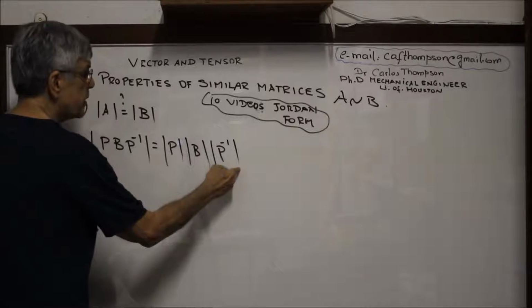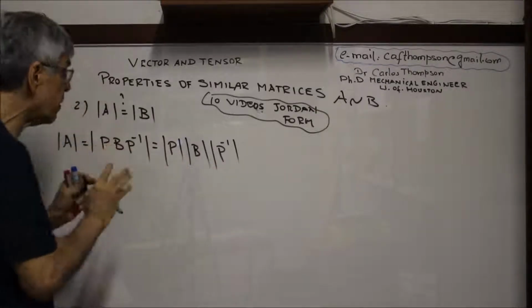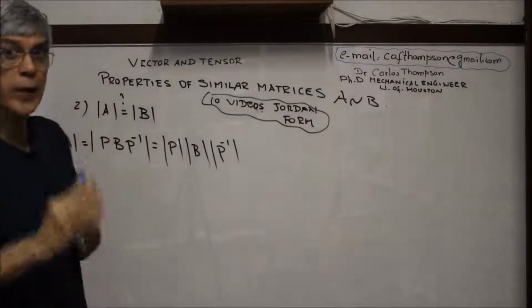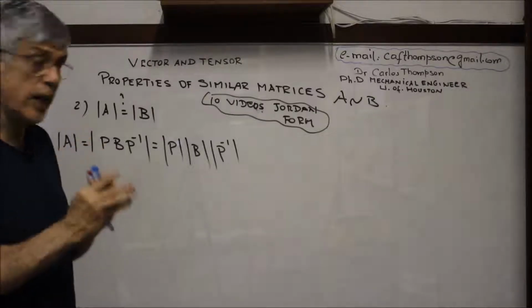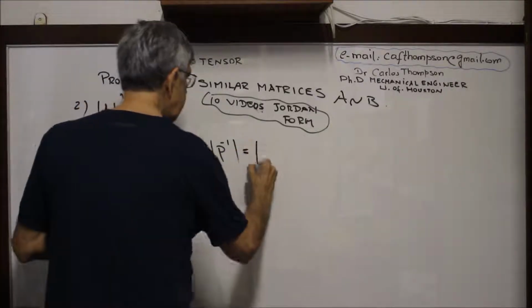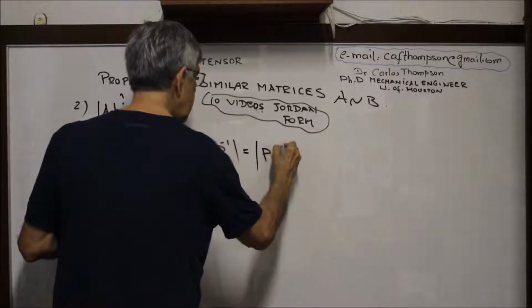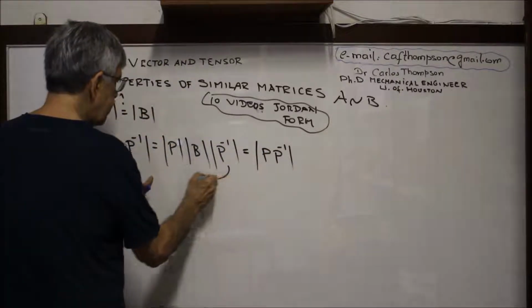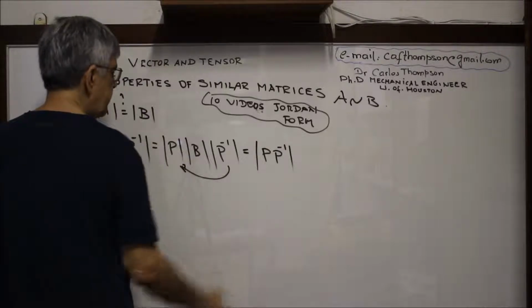So those are numbers. Okay, determinant is a number. Matrix is an operator. Determinant is a number, a scalar. Now I can rearrange this. Determinants of P, P minus 1. You see, I just bring this and put together.